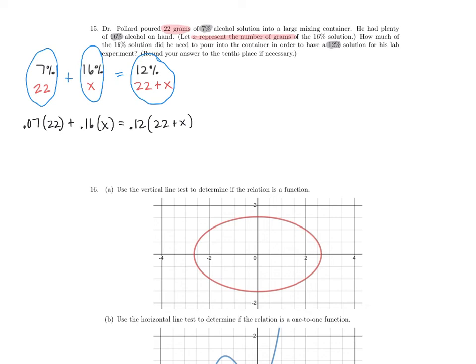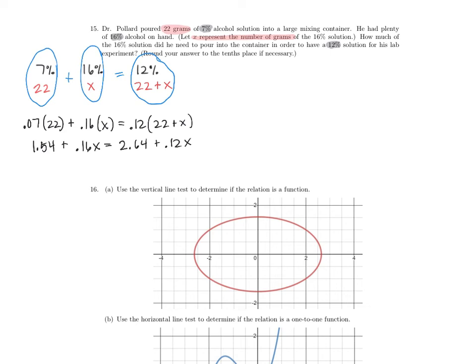So we're going to multiply. So 0.07 times 22, that will be 1.54. Okay, 0.16 times X is 0.16X is equal to 0.12 times 22 is 2.64. 0.12 times X is 0.12X.